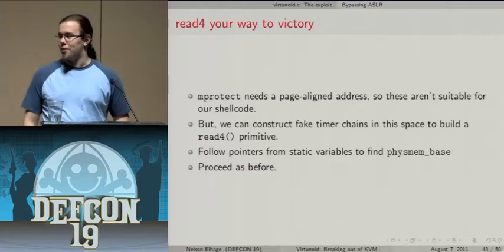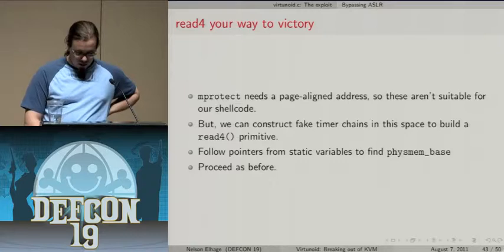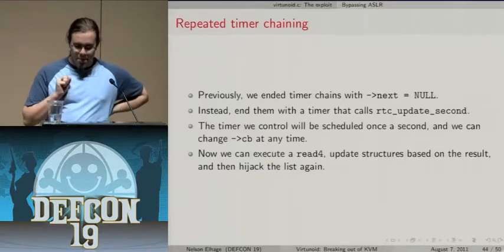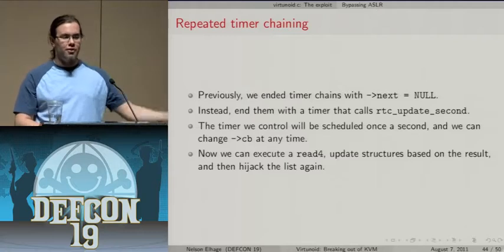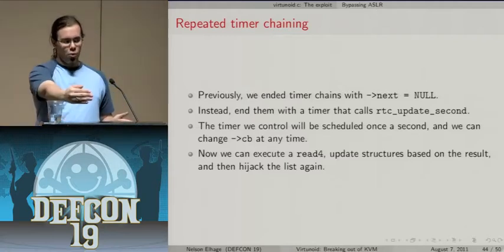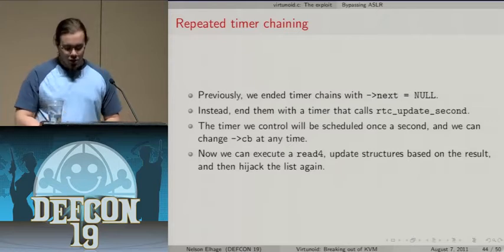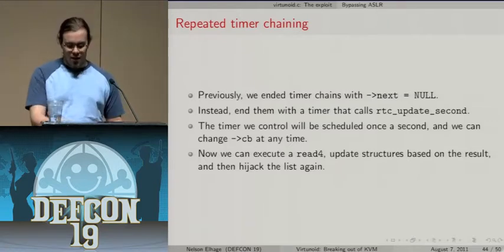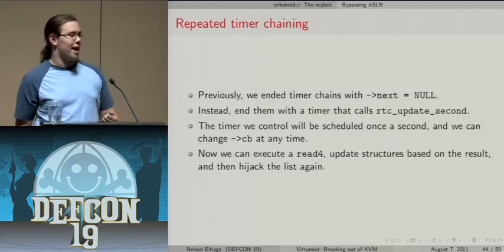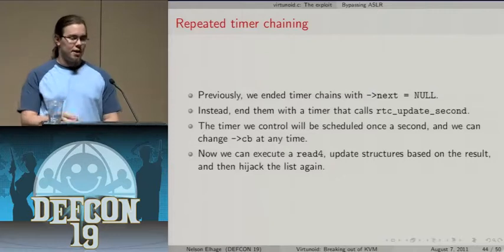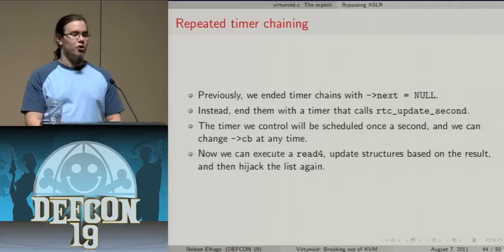Once we've found the address of that mapping, we proceed exactly as before. There's a little bit of complexity here, in that this now means we actually need to do that read 4, then do computation based on the results of that read, and then execute more gadgets in the host. So rather than ending our timer chains with next equals null, we actually end them with another timer that calls that RTC update second function again, which, remember, follows pointers to find a timer and then schedules that timer at 1 second in the future.